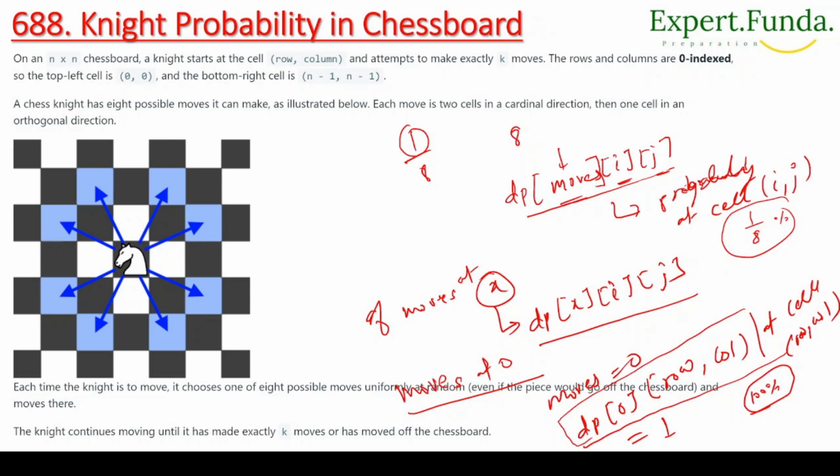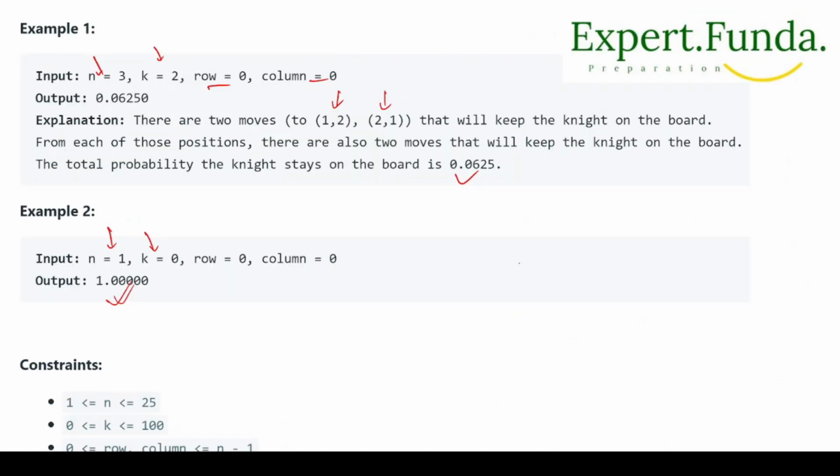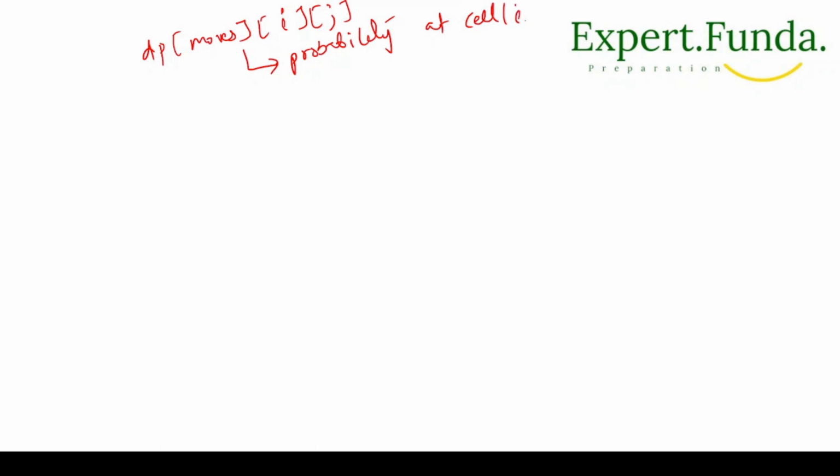Now let's understand here. What we have talked about just now is that we first defined dp, and we take moves: dp at moves, at a certain position i and j. This is the probability at cell i and j.